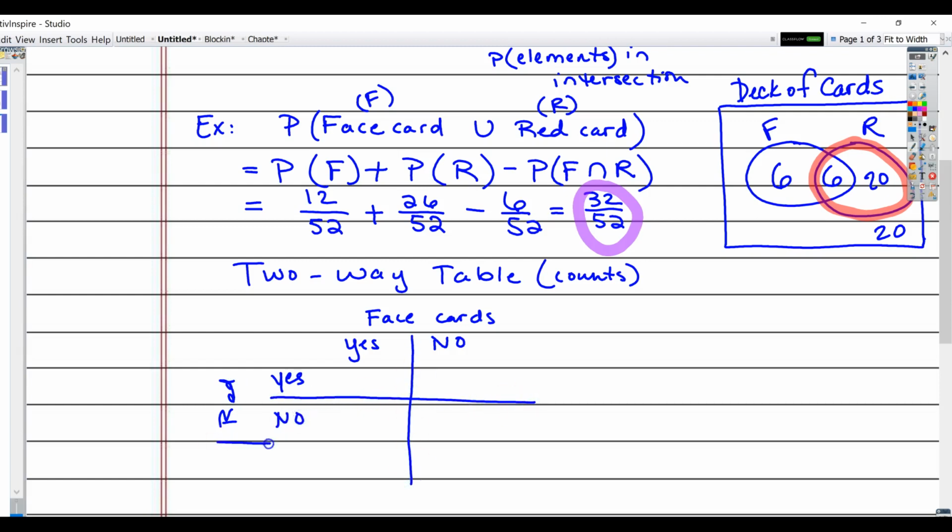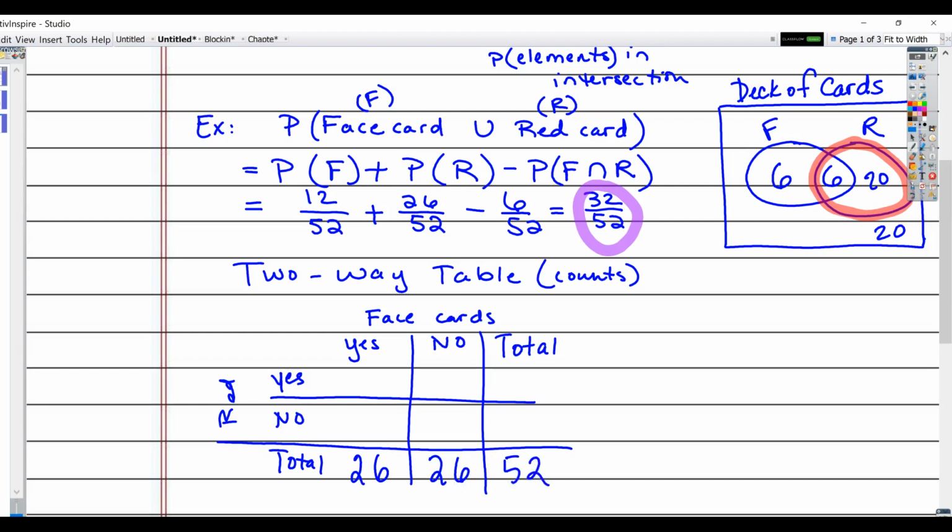Now, we need totals too, don't we? So this will be our total, and then we'll also have a total over here. Okay, how many face cards do we have total? What do I put here? Aren't there 26 yeses and 26 nos? And that makes our 52.